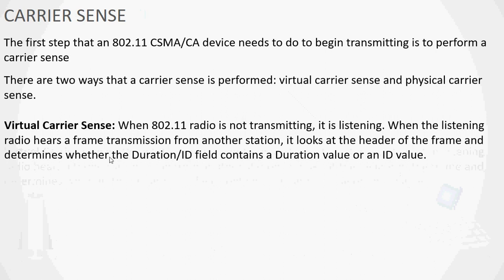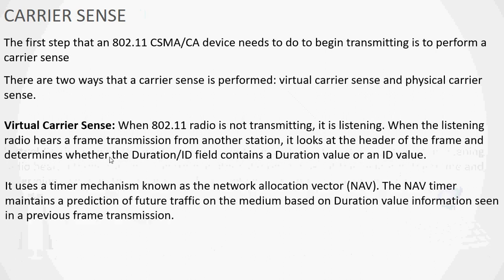When the listening radio hears a frame transmission from another station, it looks at the header of the frame and determines whether the duration ID field contains a duration value or an ID value. As I explained, a duration value informs other devices that they have to wait till that time. It uses a timer mechanism known as the NAV, network allocation vector.